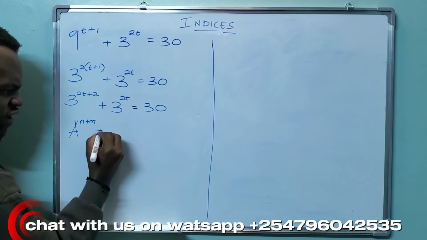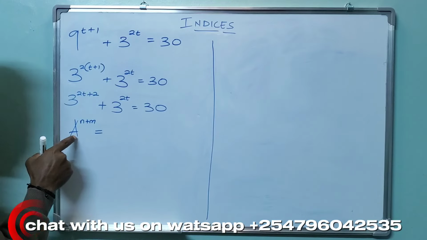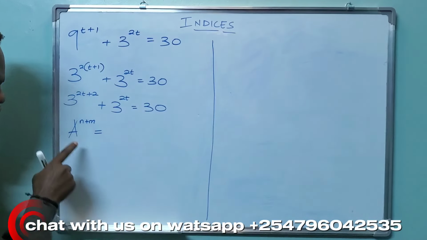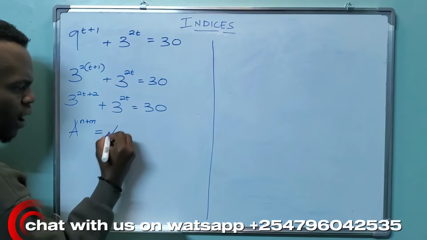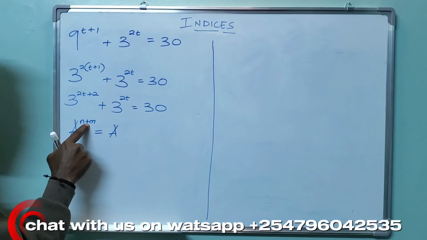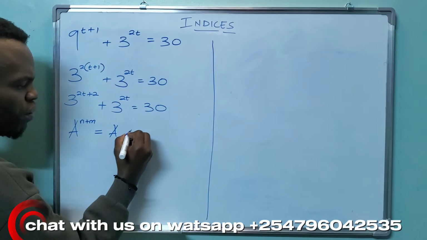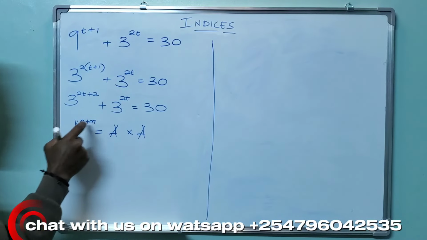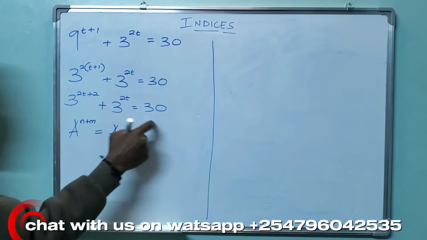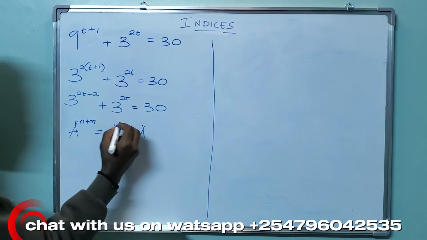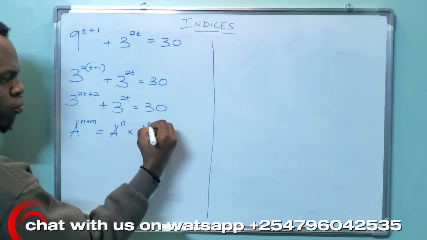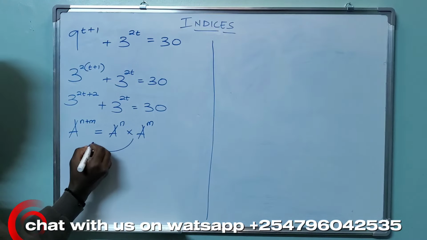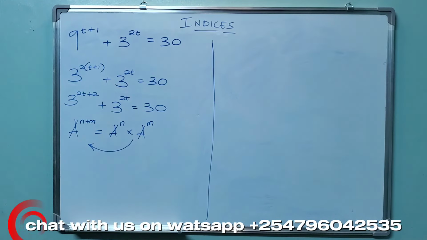I know that I can convert this one back to what I had. Because the base is a, I'm going to have two bases, and because here it is a plus, those two bases are going to be separated with a multiplication, with each of the powers n and m taking the common base.